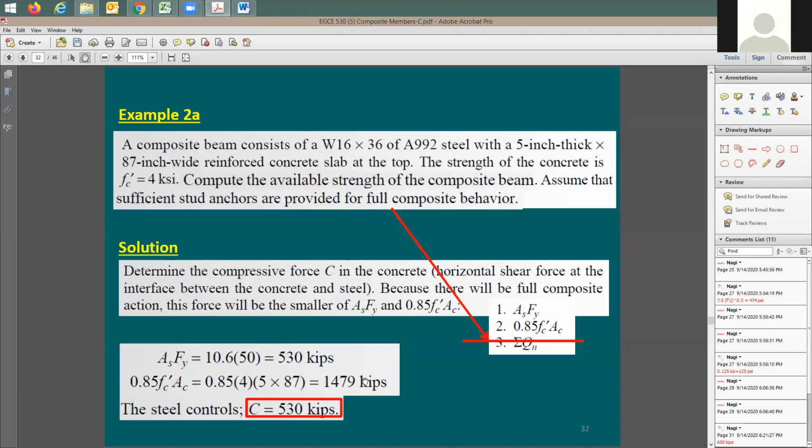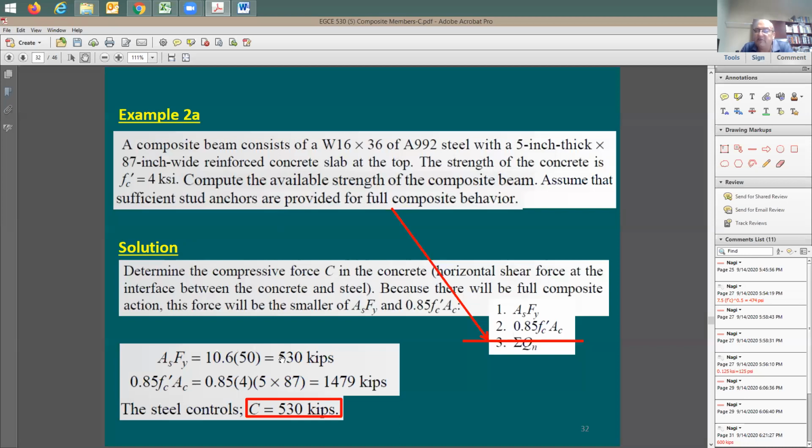Absolutely, this is correct. The steel here is controlling, therefore the compression force is going to be equal to the smaller of the two. The studs check is gone. I don't need to do it because it says assume that you have enough anchors. So we can say I have a compression force of 530 kips.